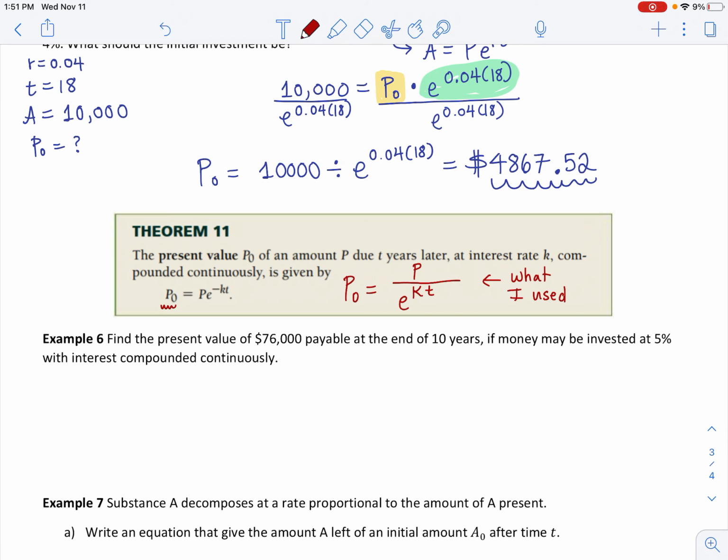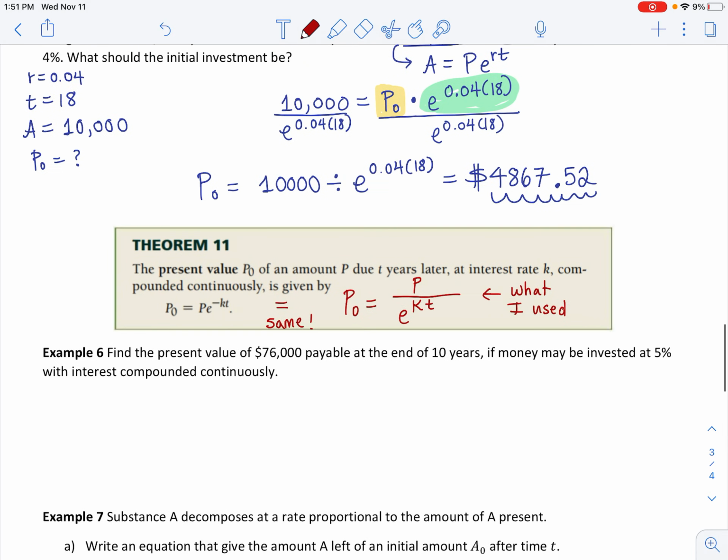That's what I did, right? But how did they write it? They said the initial balance is the ending balance times e to the negative kt power. But they're saying the same thing, isn't it? Because of that negative exponent, we can just send e to the kt power to the bottom. So they are the same thing. Whatever you want to use, they're the same.